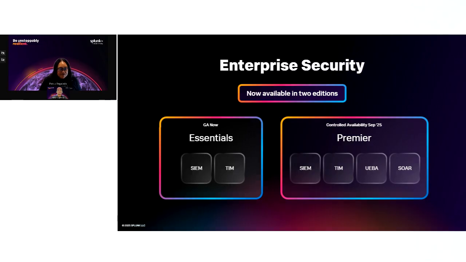So ES Essentials is ideal for organizations that are looking for a powerful SIEM and threat intel management capabilities. It's really a great starting point. And then Enterprise Security Premier combines even more capabilities, the SIEM, SOAR, threat intelligence, including Talos threat intelligence in there, UEBA, and AI assistant. This is all in one product with a single unified interface across your TDIR workflow.